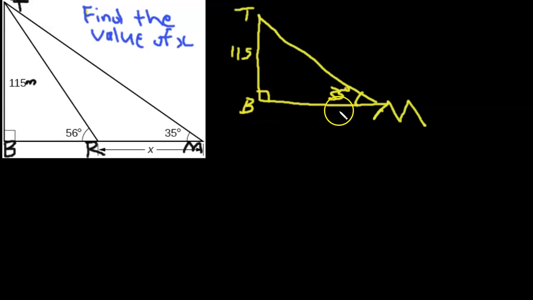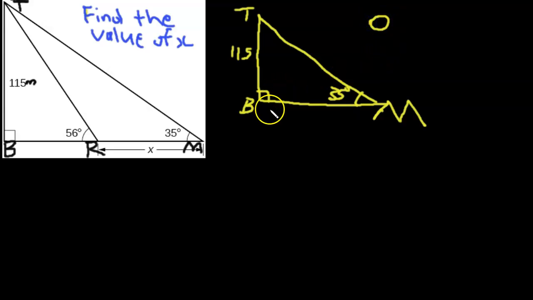Now the length of BM would represent the adjacent, and BT would represent the opposite.